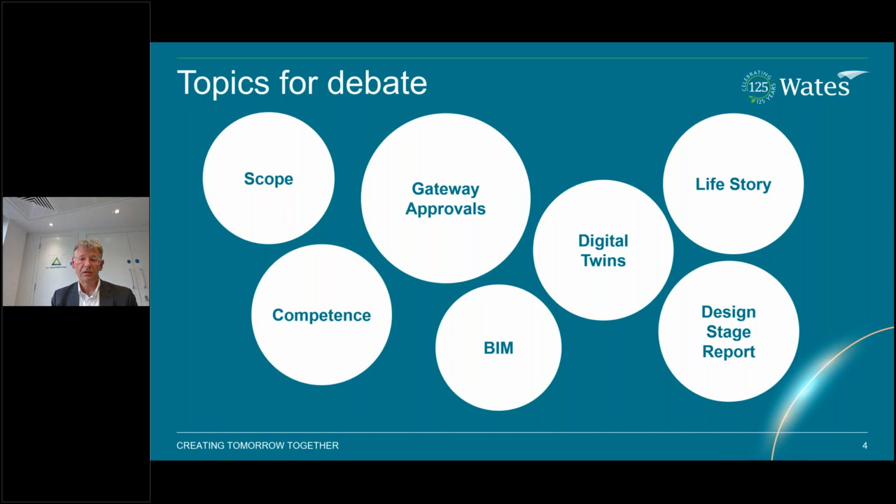We see it occasionally, we like it, we think it's a good thing, we think it creates great discipline. Personally, I would love it if we got to a place where the gateway approvals put more emphasis on having properly considered, completely coordinated design stage end reports in place, with all the strategies that support them. That to me would be a really good place to get to.